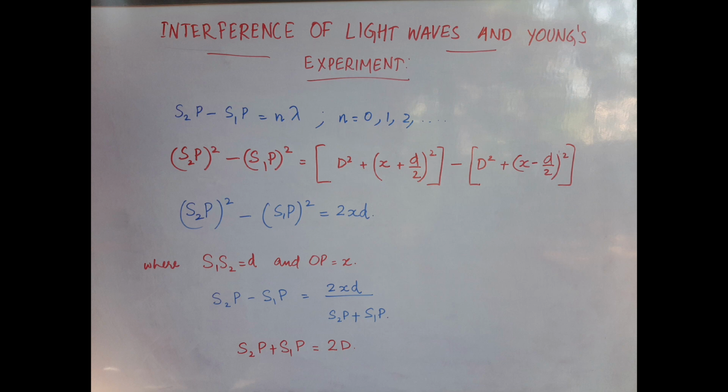So S2P minus S1P into S2P plus S1P is S2P square minus S1P square, that means a square minus b square is equal to a minus b into a plus b. So you can write S2P minus S1P is equal to 2xd by S2P plus S1P. This is given in the equation.